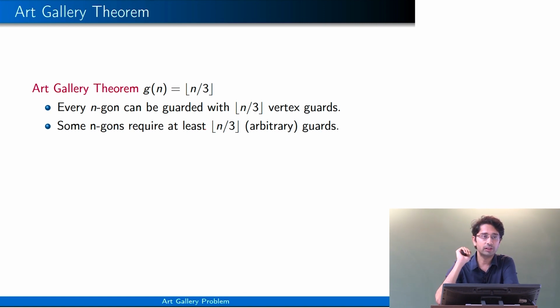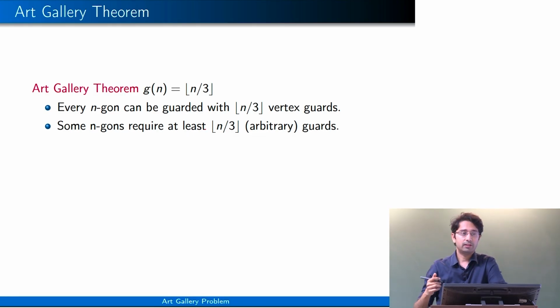Can you try to think of an example of a polygon of n vertices for which we need at least n by 3 guards? Is the question clear, or the theorem clear? If the theorem is not clear, we cannot propose a proof.